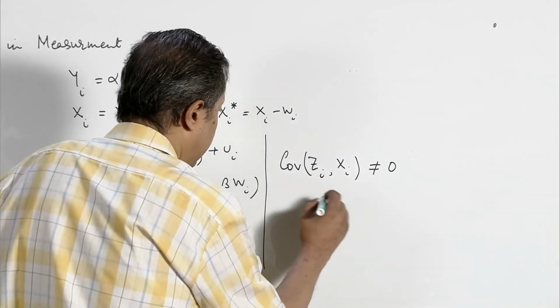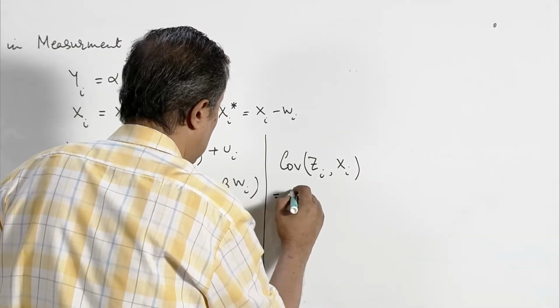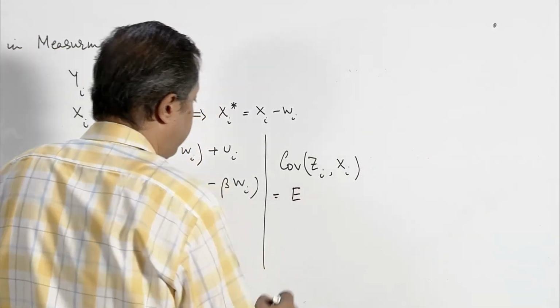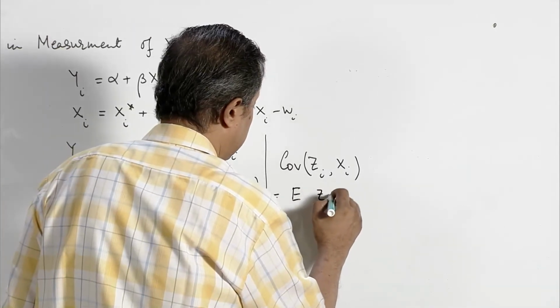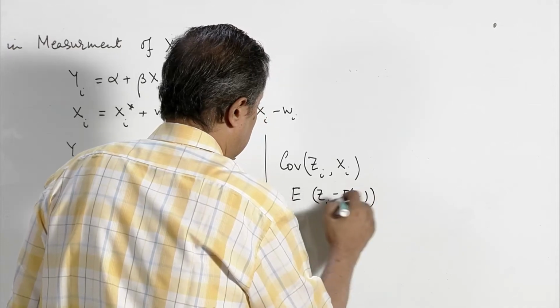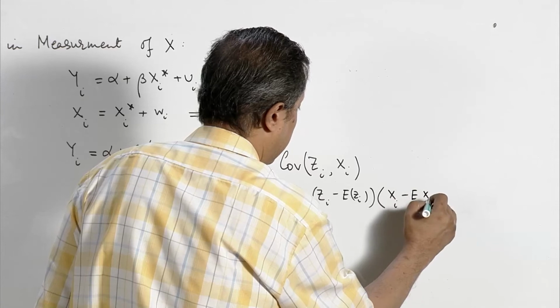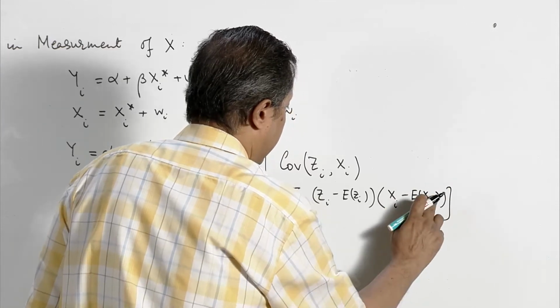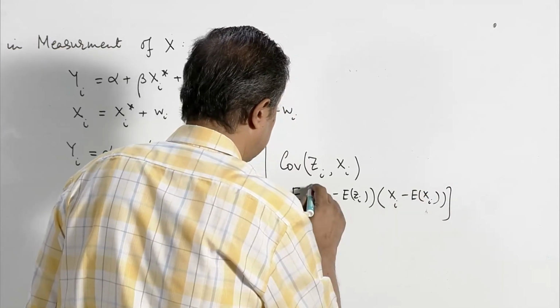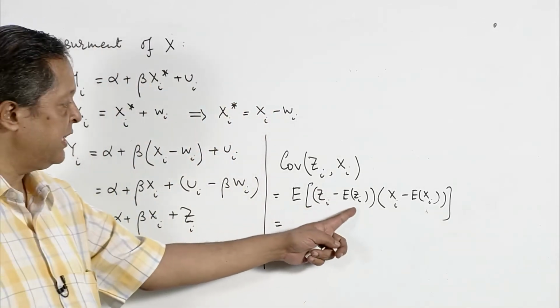More specifically, this covariance is equal to expectation of zi minus expectation zi times xi minus expectation xi. So, that is the covariance in the population, of course, and what is expectation of zi?